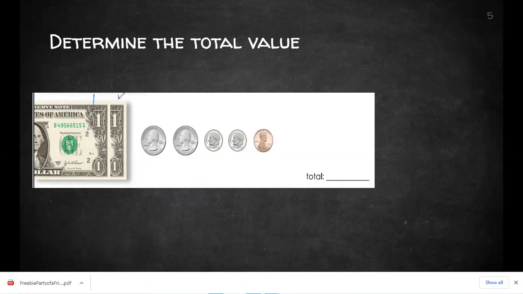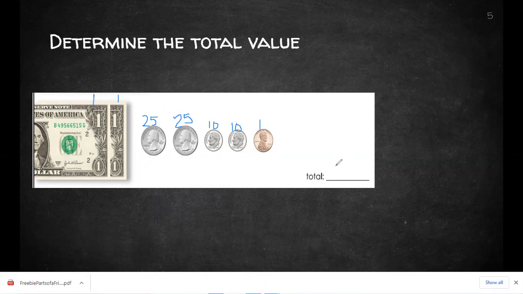$1 and another $1 bill. We have 2 quarters, which are worth 25 cents each. We have 2 dimes that are worth 10 cents each. And then we have 1 penny.